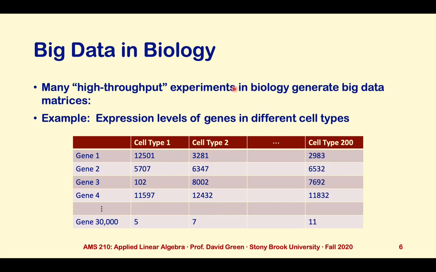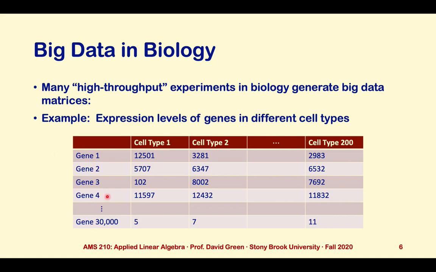In biology, there are many so-called high-throughput experiments. We do many, many experiments of the same type over and over and over again to generate large data matrices. One example of this is an experiment that measures the expression level, or how active each gene is in different types of cells.